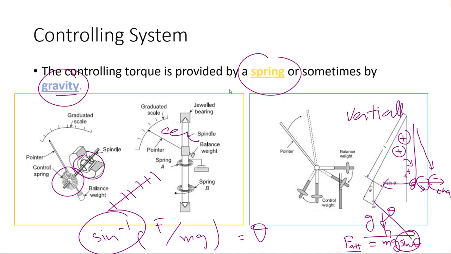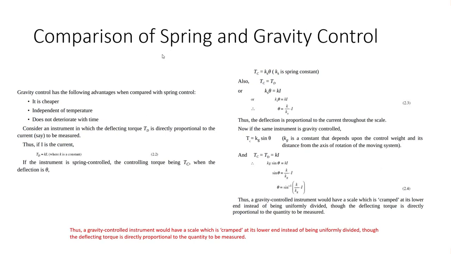Not sometimes, all the time, but in the spring, we have all linear scales. If we compare spring and gravity control based systems, we can see that gravity controls are cheaper, but they have drawbacks, such as the scale is not linear and we need a vertical arrangement for it.